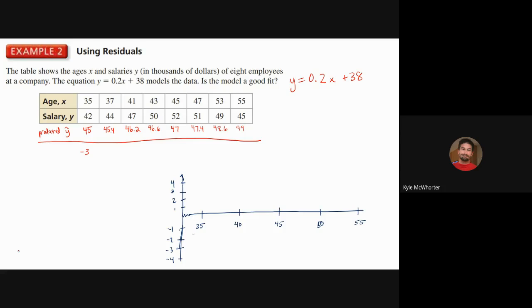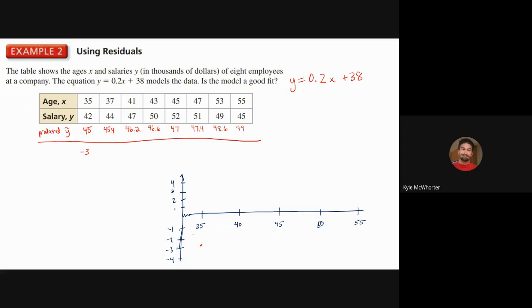Now our first residual at 35 was -3. I need to make it stop doing that. I just want to make a dot there.